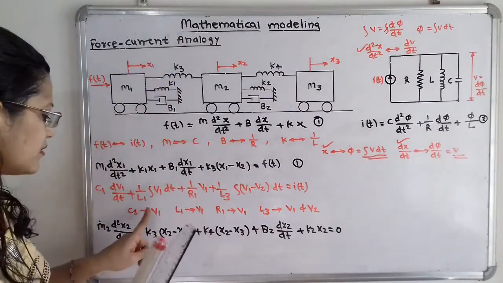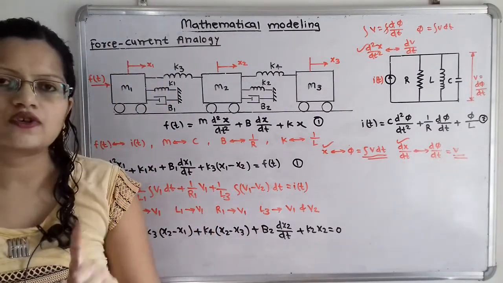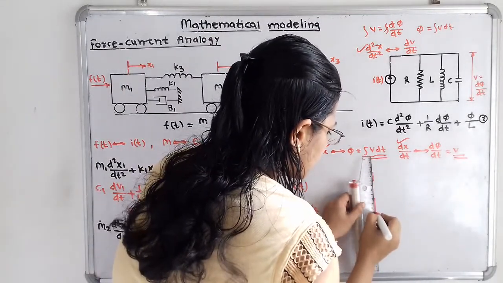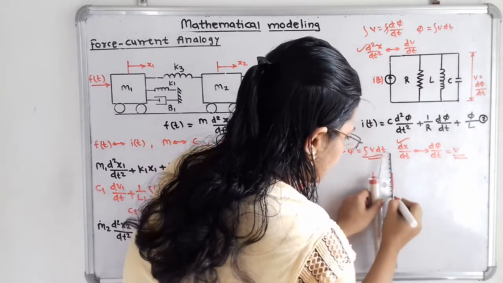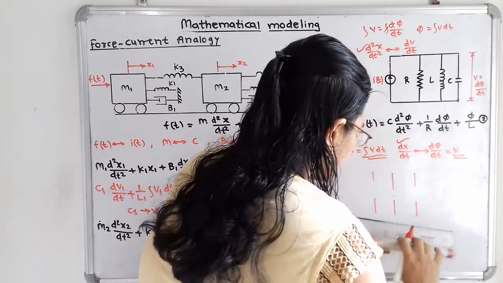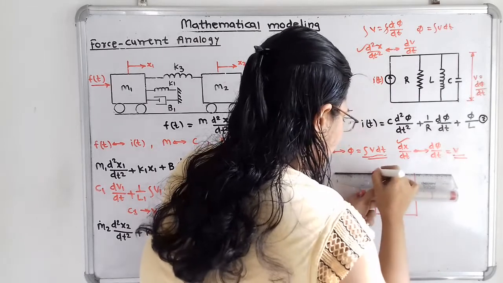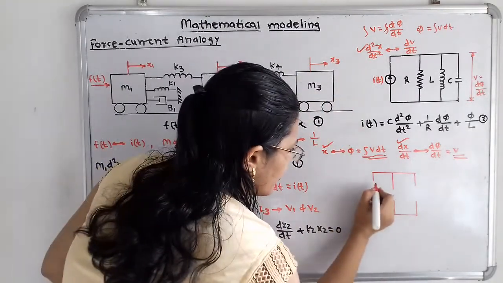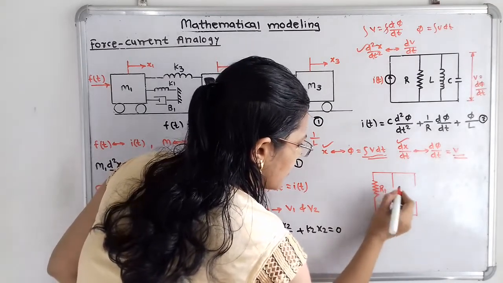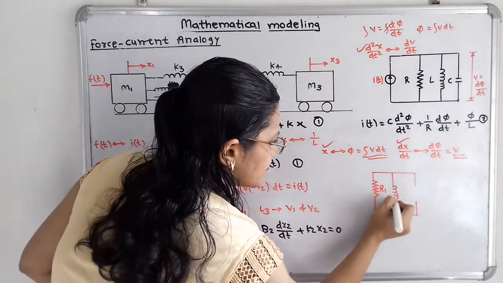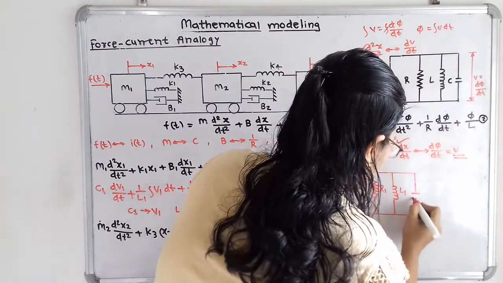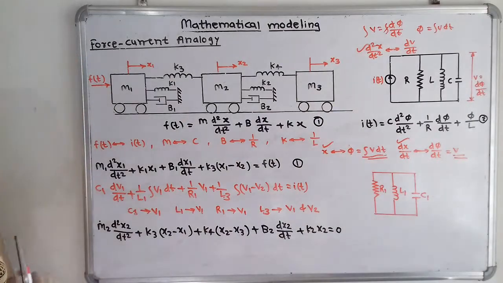So I will draw here C1, L1 and R1 parallel to each other. So first I will take R1, then I will take here L1, and then I will take capacitor C1. So these three elements are parallel to each other.